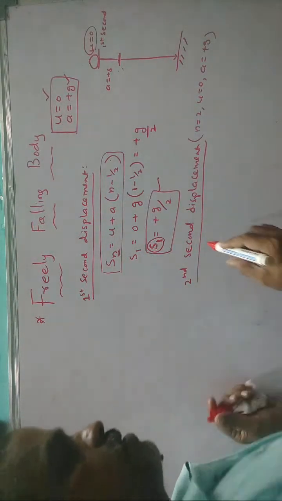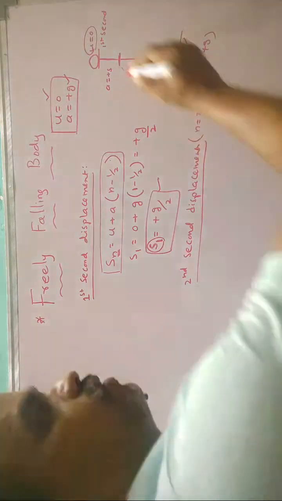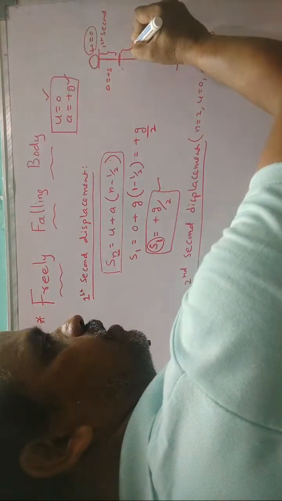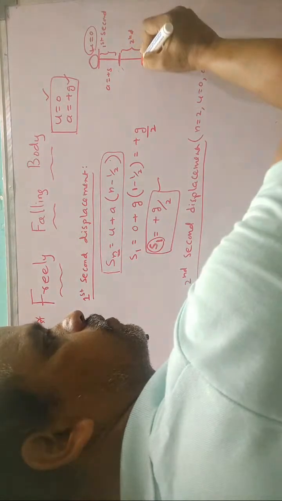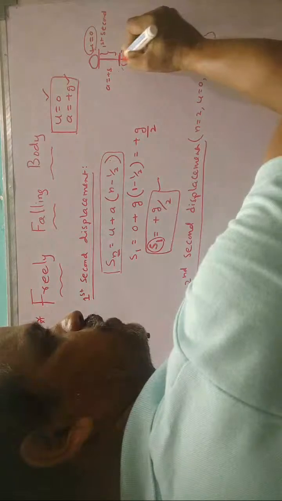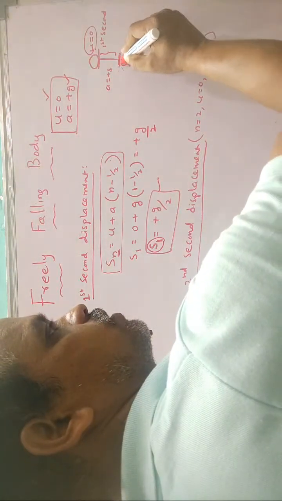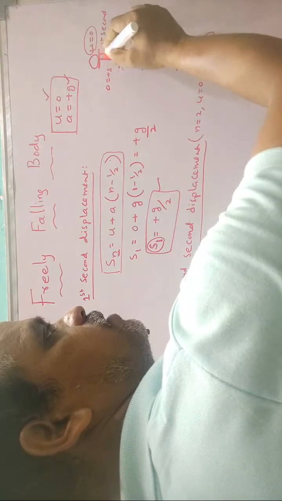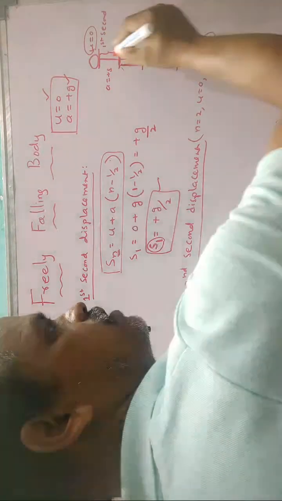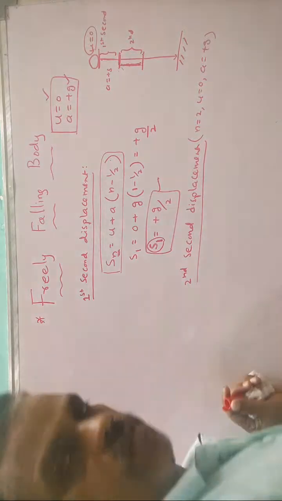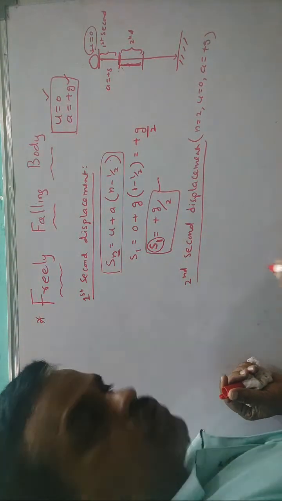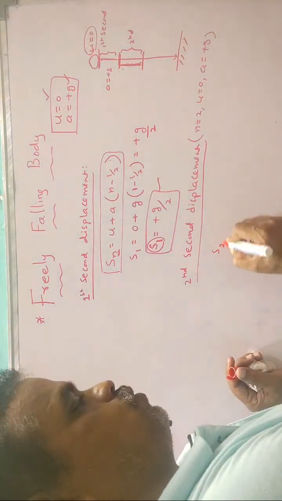See, for second displacement. Up to here the body took 1 second, up to here 2 seconds. So how much displacement is covered in this second only? In this particular second only. Already we calculated up to here, in 1 second. So let us see S2.